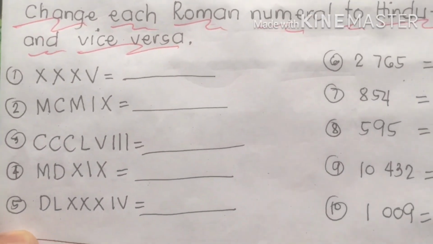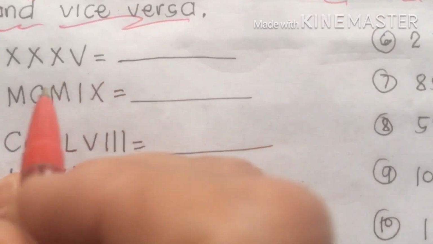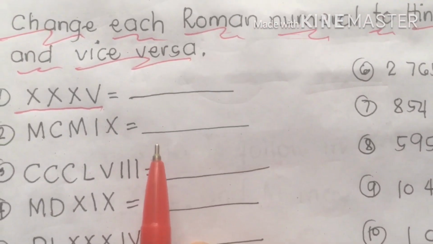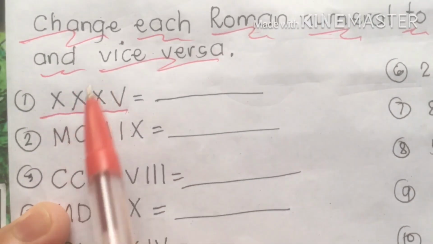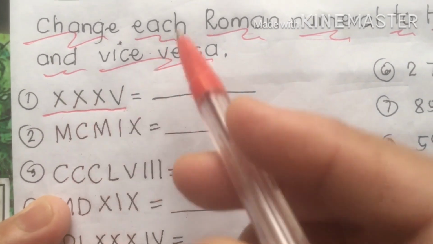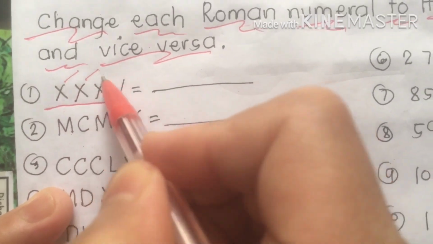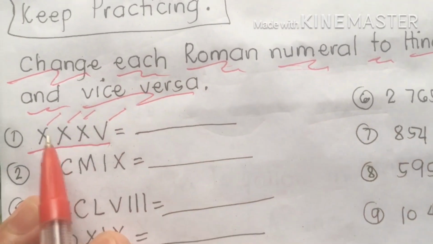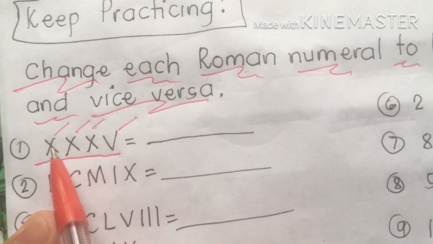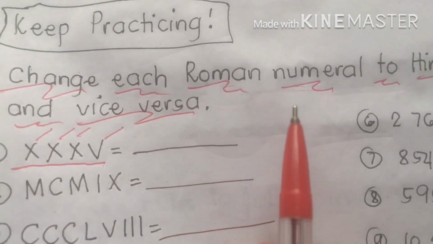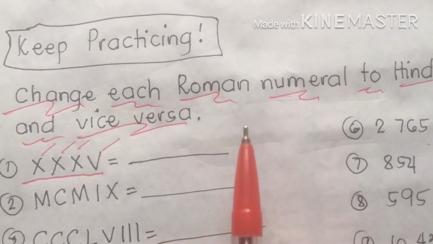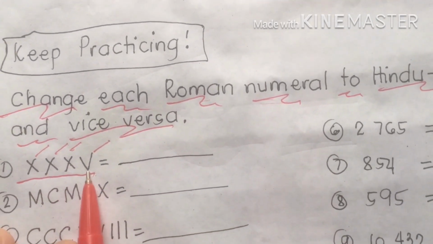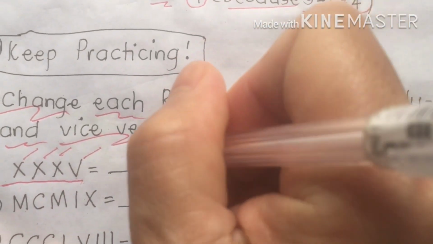Here we go. We are going to start with number 1. What are the following letters for number 1? We have how many X? 1, 2, 3. Triple X, then 1 V. So remember, class, X is 10, so we're going to add: 10 plus 10 plus 10 plus V. That's how we get 35.